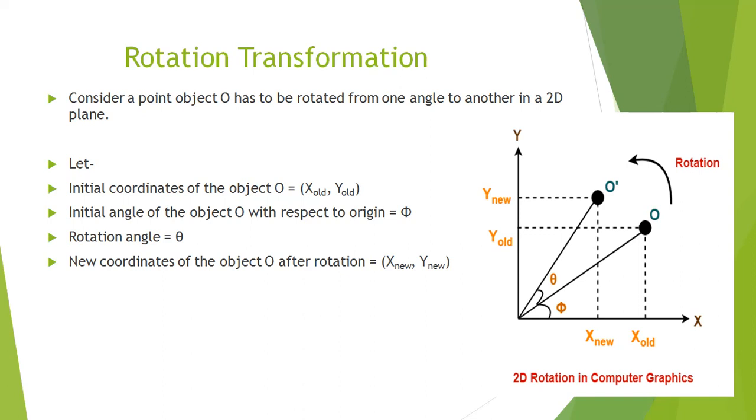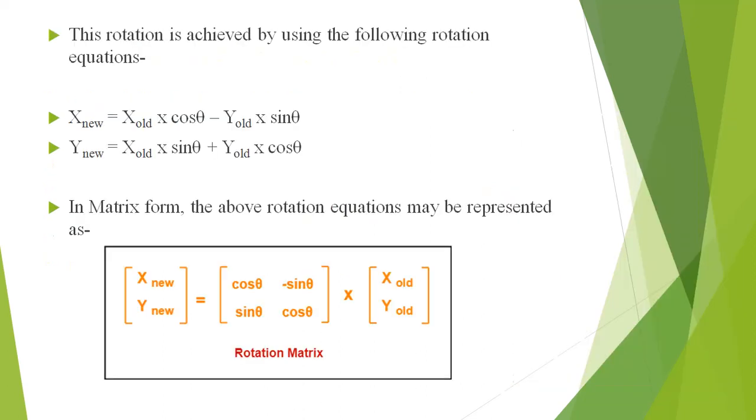Next, we initialize the angle of the object O with respect to the origin, that is phi, and we initialize the rotation angle as theta. We have to calculate the new coordinates, so we declare the new coordinates as x new and y new.